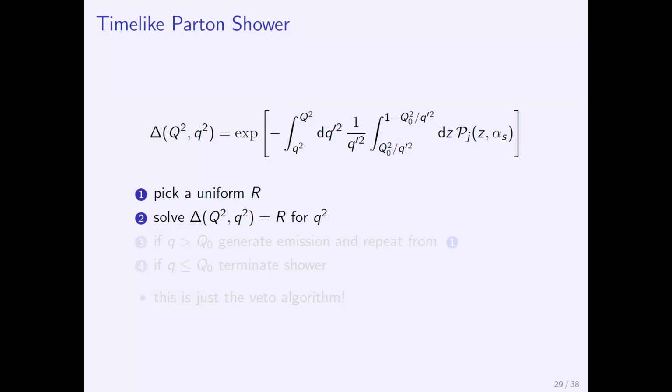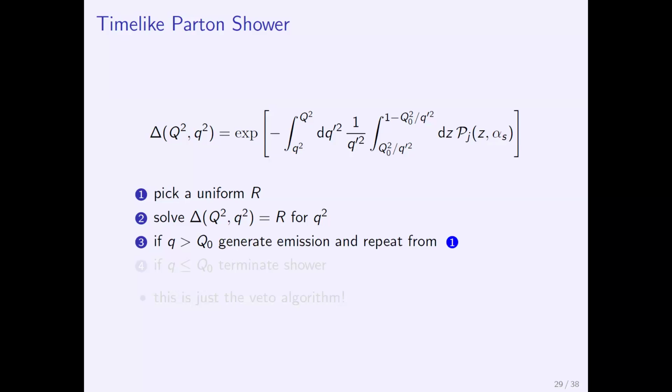So, what is the probability that I'm going to have this quark emit a gluon? What we do is we solve for this q squared, this lower energy scale, and we say that in that scale range we have no emission whatsoever. And then we say, okay, we generate an emission at that new Q² scale.